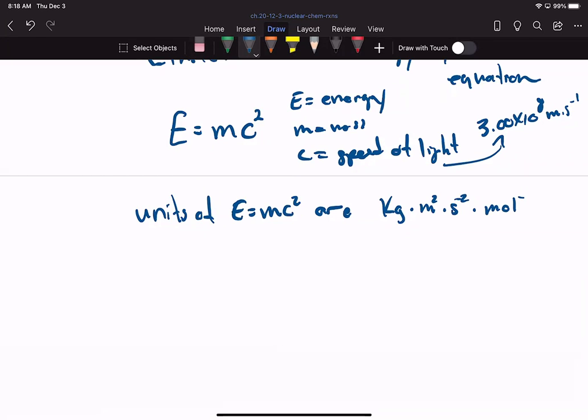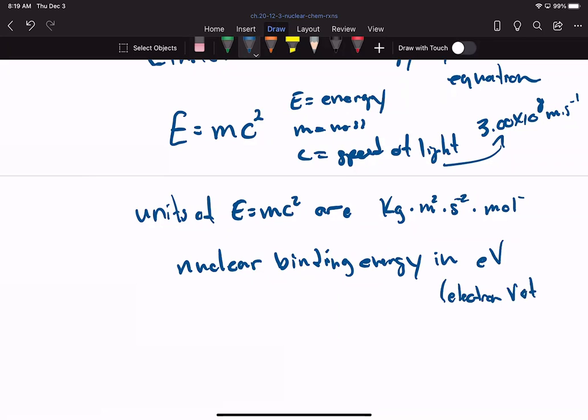But as far as nuclear binding energy, we need it converted into what we call electron volts, eV, and we do have a definition for that. 1 electron volt is equal to 1.602 times 10 to the negative 19 joules.